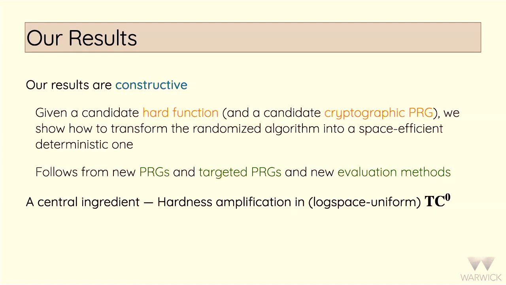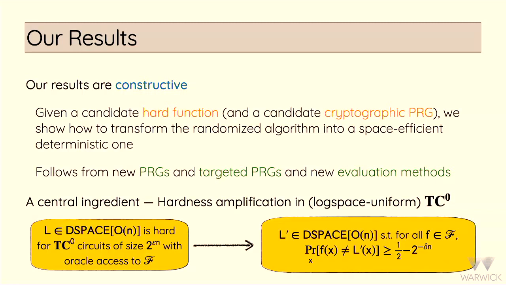So if you care about hardness simplification, and you don't need to know the randomization for it, the result we give is that if some language in linear space is hard for TC0 circuits of size 2 to the epsilon n, with oracle access to some function class F, then there exists L prime in linear space that's very hard for F. Okay, so this is hardness simplification where the overhead is a TC0 overhead.